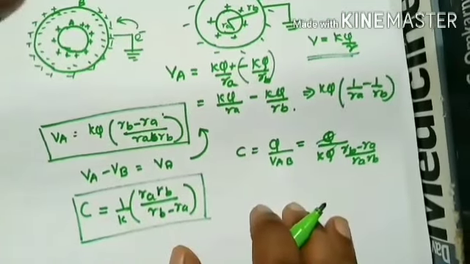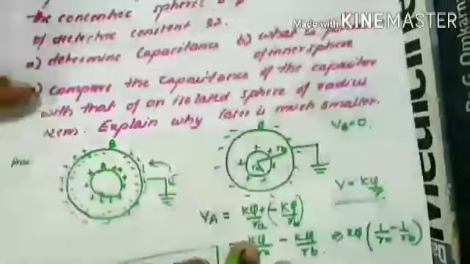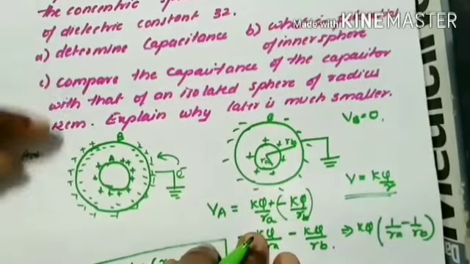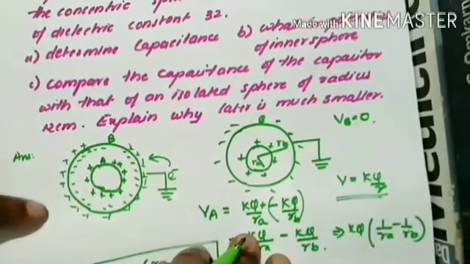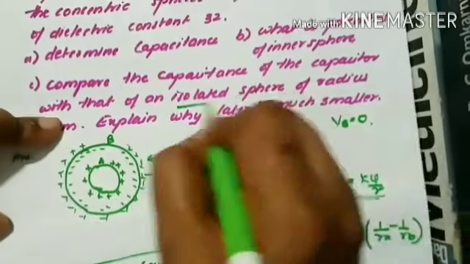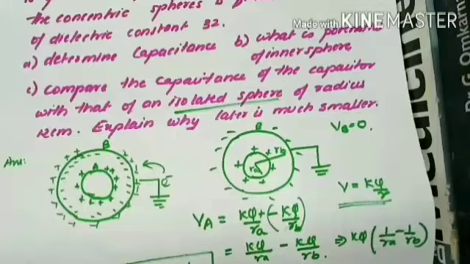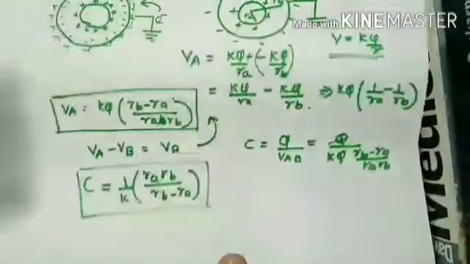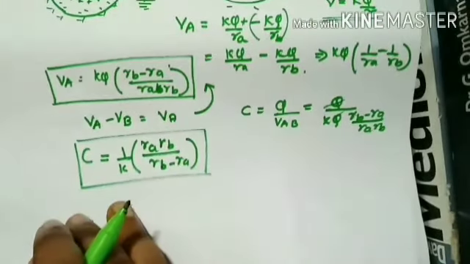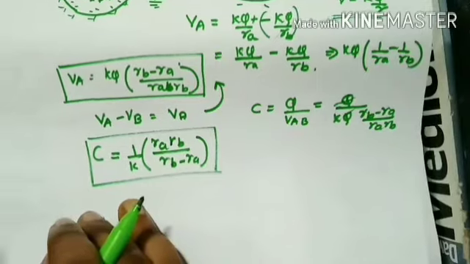Now we'll go for the last section of the question, that is, you are asked to compare the capacitance of the capacitor with an isolated sphere. So what will be the capacitance of an isolated sphere? An isolated sphere means there is no charge, or it is not connected with anything else.